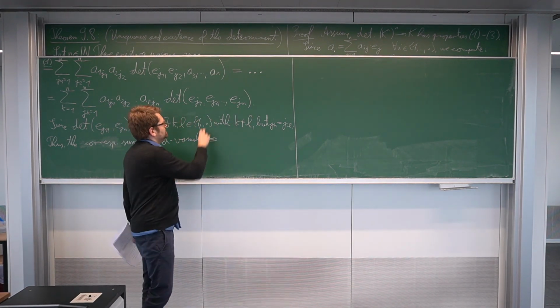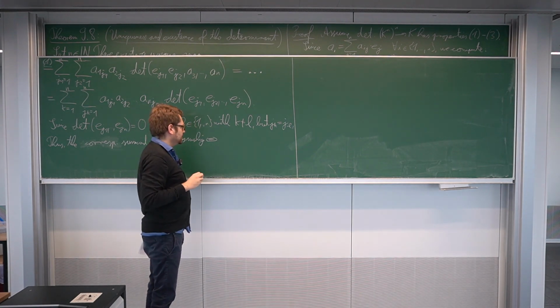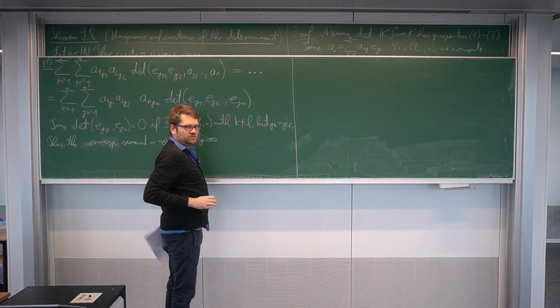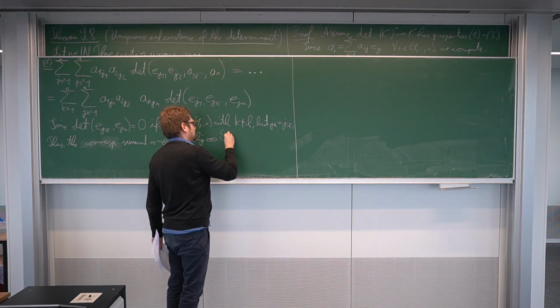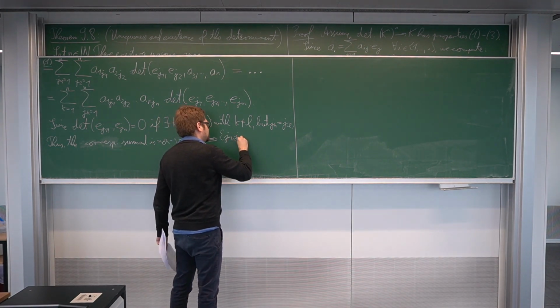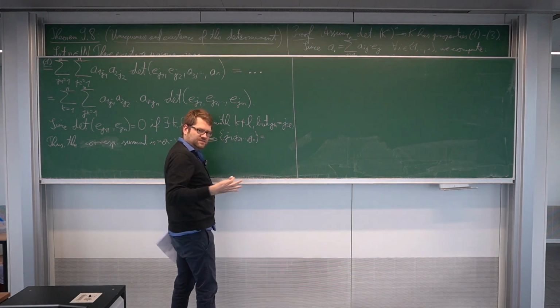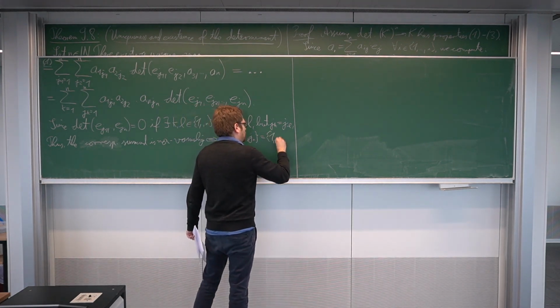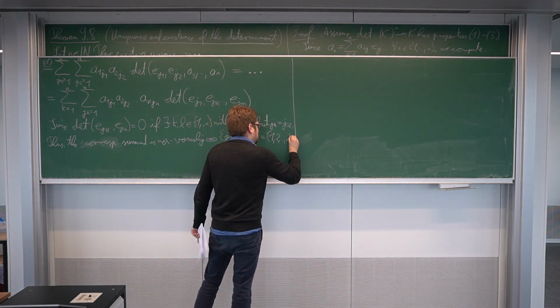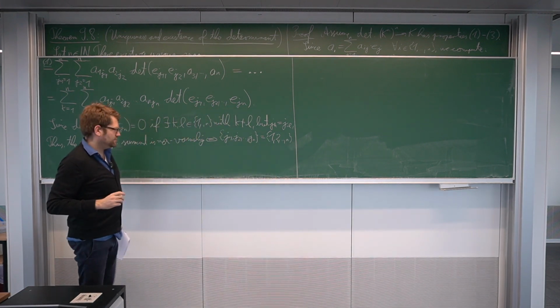So these are n different numbers out of 1 to n. This means every number needs to appear once here. So the set of indices, if we just consider this as a set without any ordering, j1 to jn, must be 1, 2 to n. Each of them must appear there.